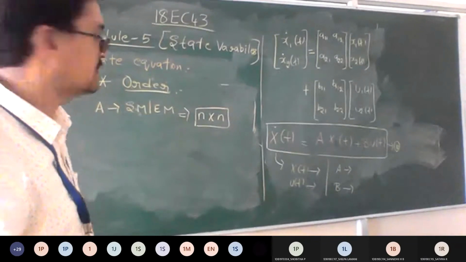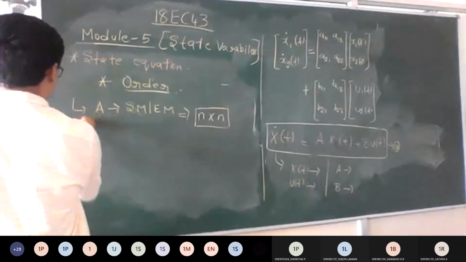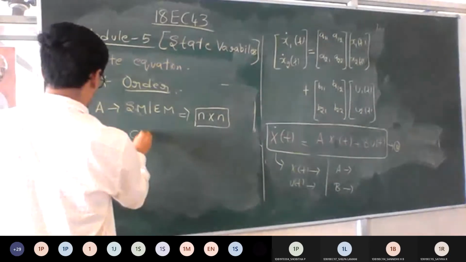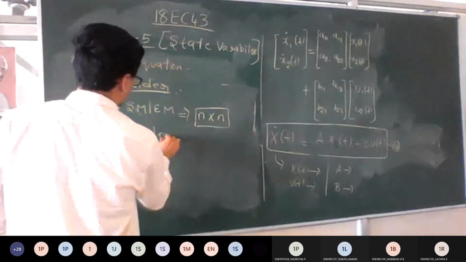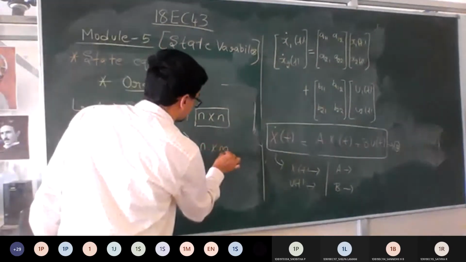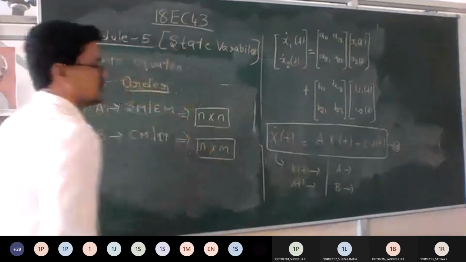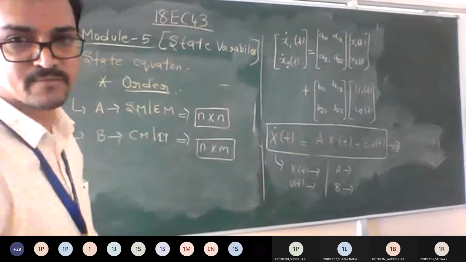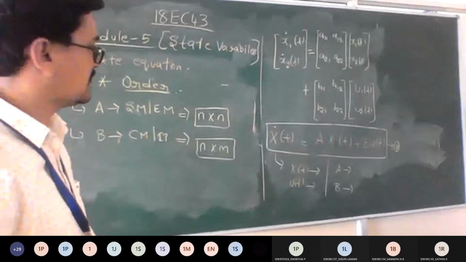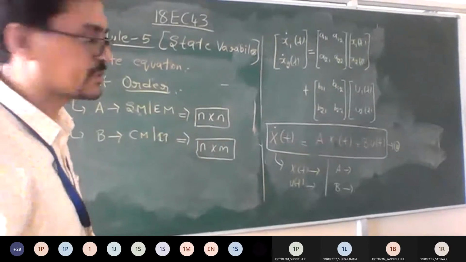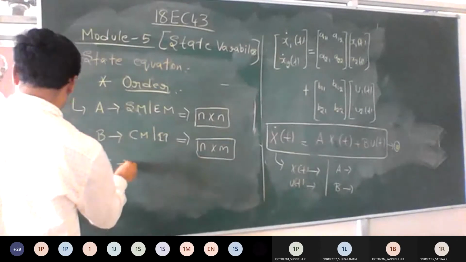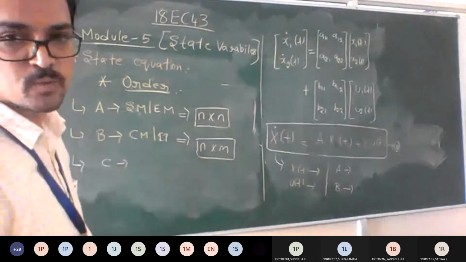Second one. B matrix, we call it as control matrix and or input matrix. Both are same. So order is n cross m. Just write down what is n and m, I will tell at the end of this note. So first one was A, second one was B, n cross n, n cross m. Next, third one. C is called as observation or output matrix.